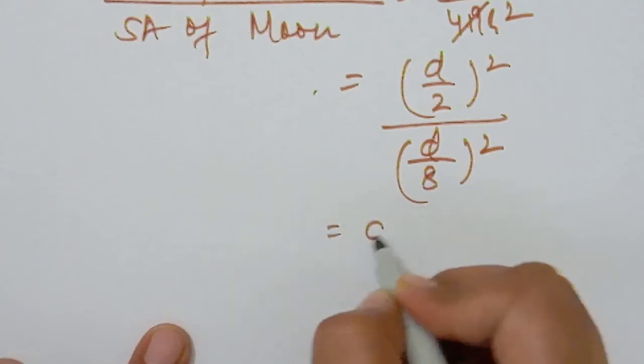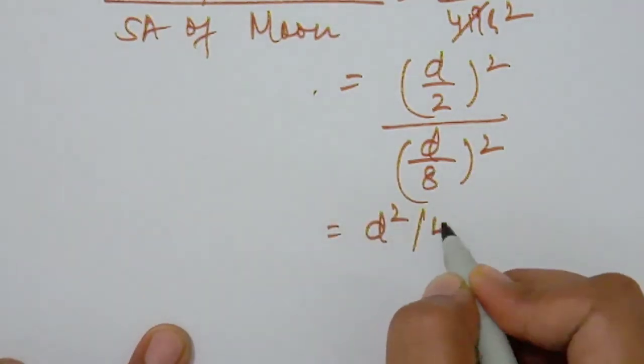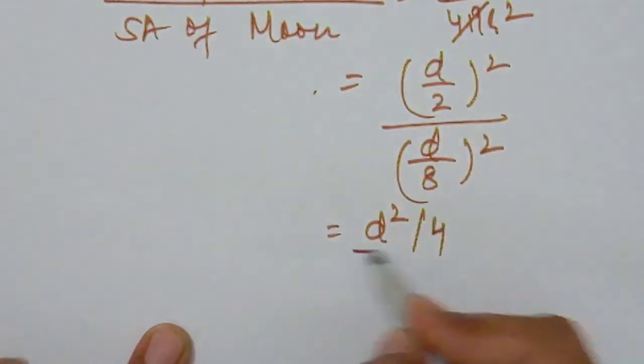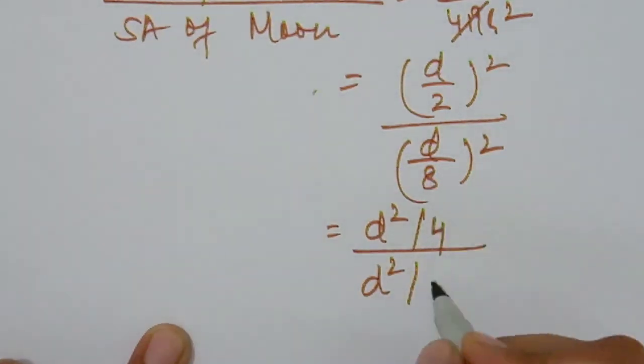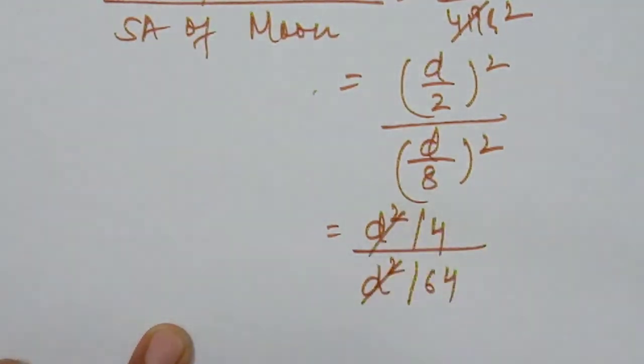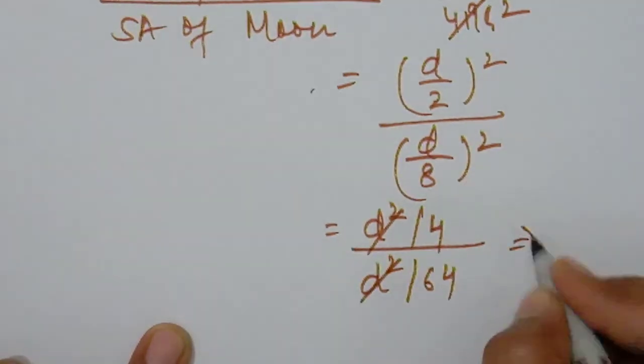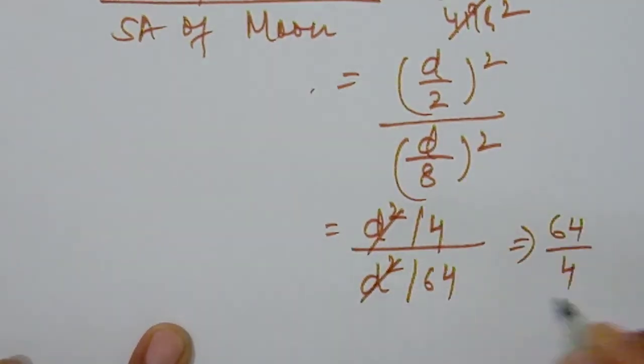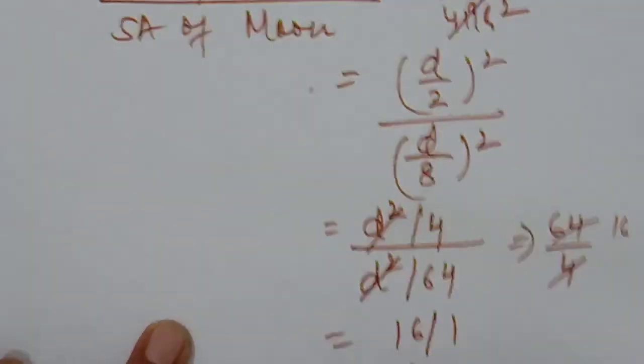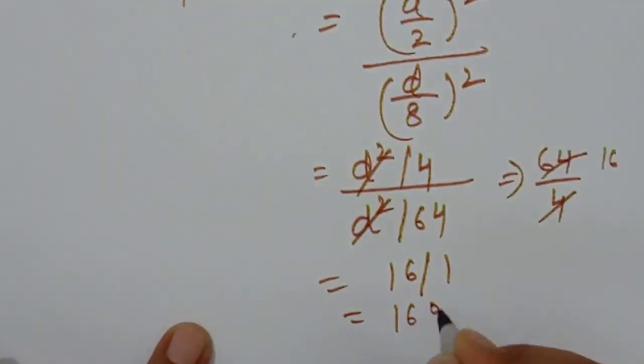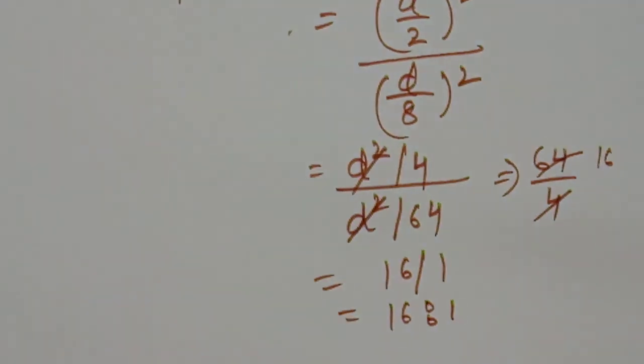Now we will solve it. It is D square by 4 and D square by 64. D square cancels with D square. When we take 64 to the upper side, it becomes 64 upon 4. Then when we cancel, it is 16 upon 1, which means 16:1. This is the ratio of the surface areas of the earth and the moon according to the given situation.